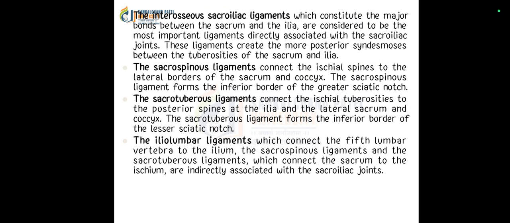The iliolumbar ligaments, which connect the fifth lumbar vertebra to the ilium, the sacrospinous ligament, and the sacrotuberous ligament, which connect the sacrum to the ischium, are indirectly associated with the sacroiliac joints.